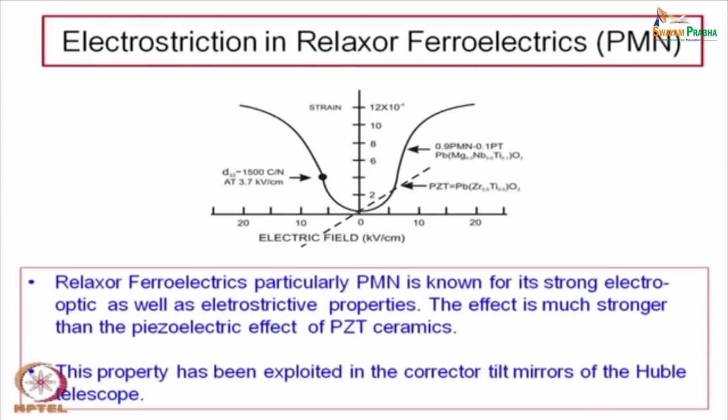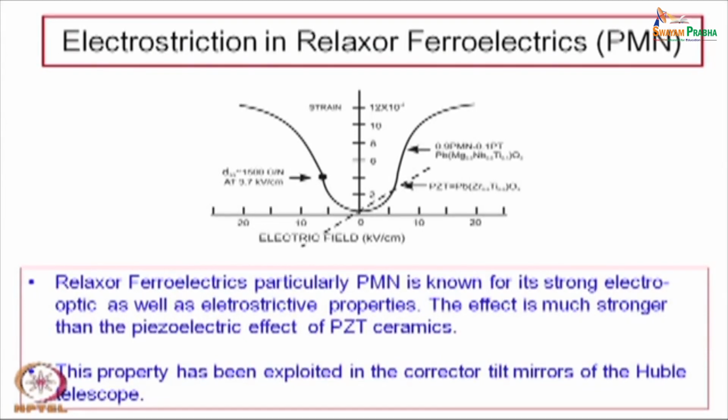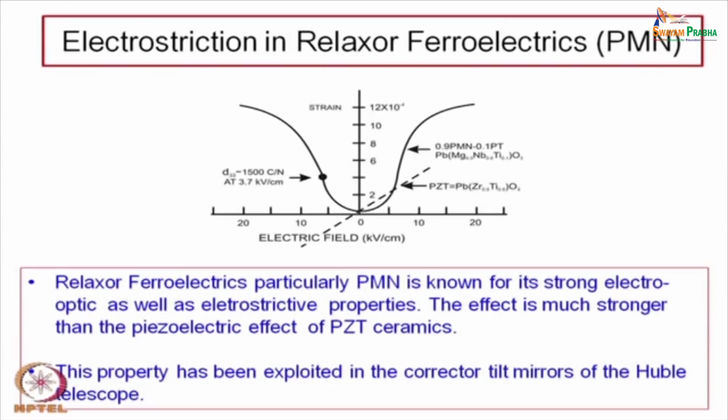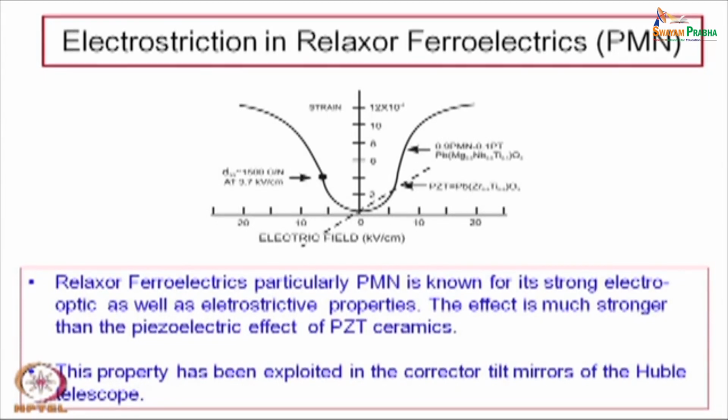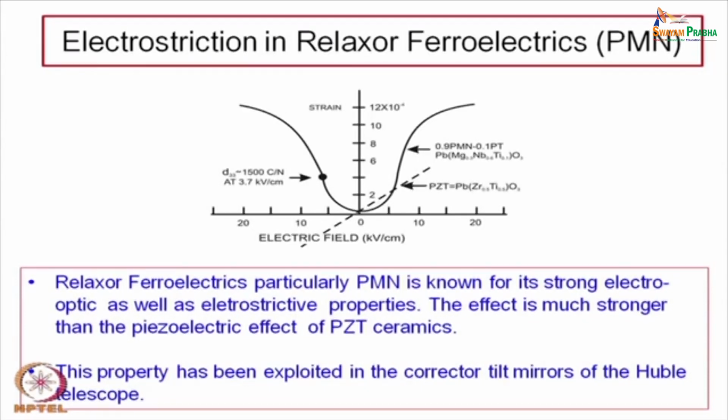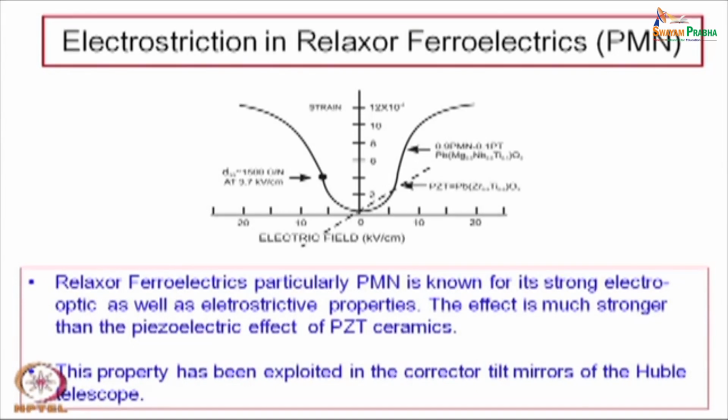And these nano size domains do have different relaxation times, and that gives rise to a frequency dependence. At different frequencies, a different set of domains becomes operative, and that is the reason one gets a distribution of relaxation times, and you get a broad peak.